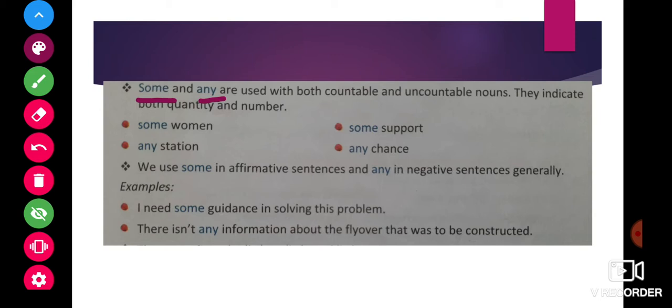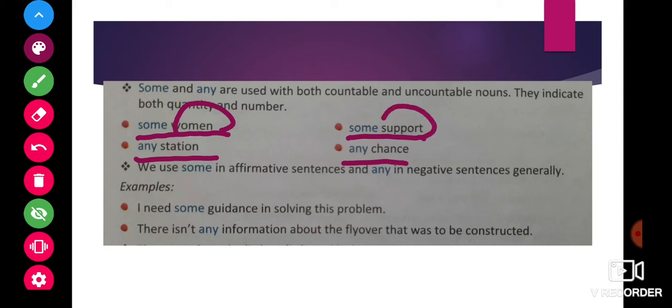Some and any are used with both countable as well as uncountable nouns. They indicate both quantity and number. For example, some women, some support. Any station, any chance. Here women is a countable noun and support is an uncountable noun.